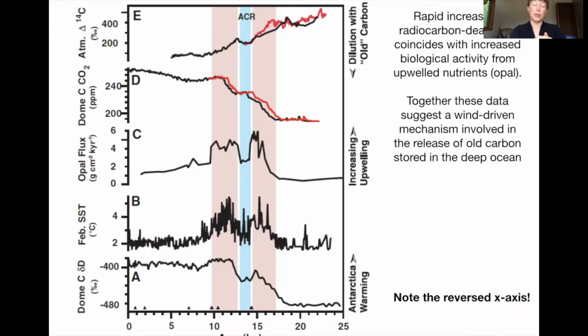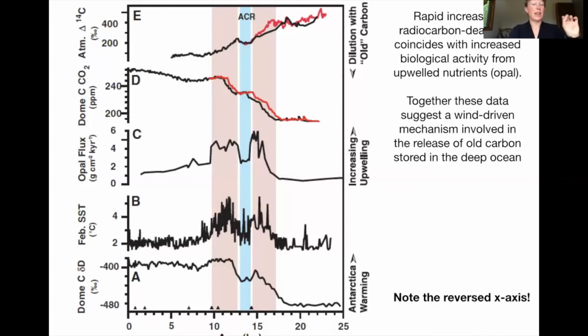That's a mouthful. It's changes in the atmospheric radiocarbon, so carbon 14. And the important thing to know is that radiocarbon is produced in the atmosphere by bombardment of nitrogen atoms by radiation, okay?